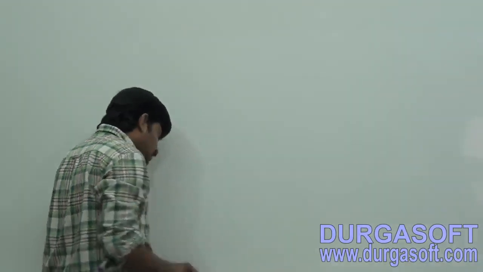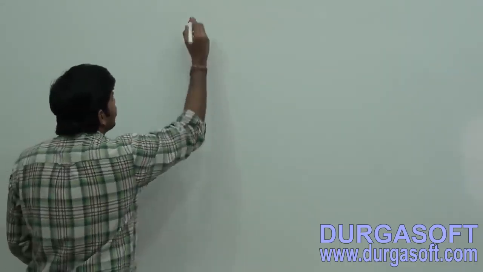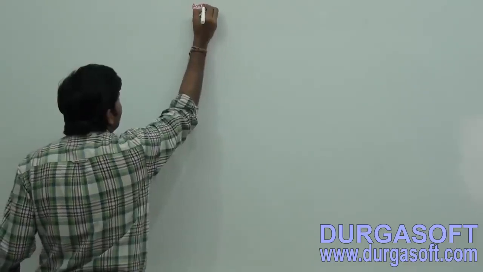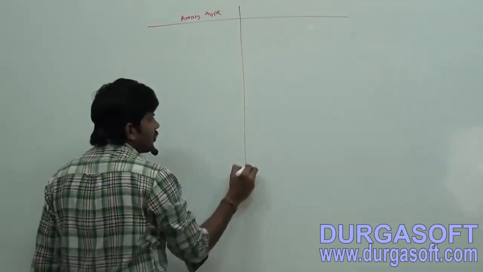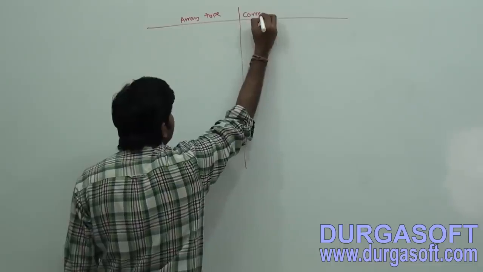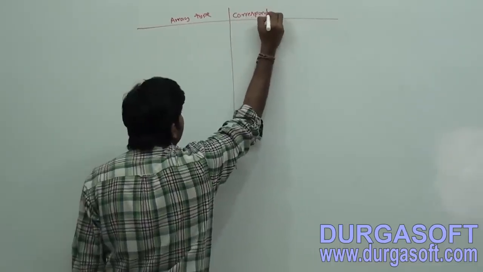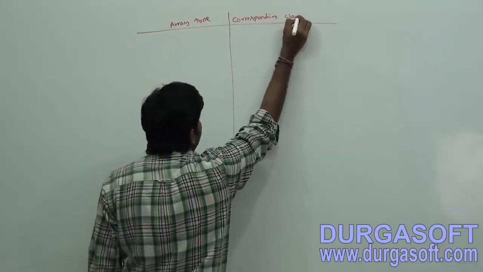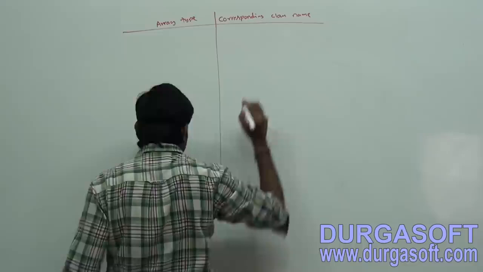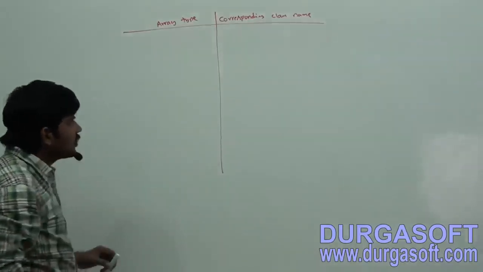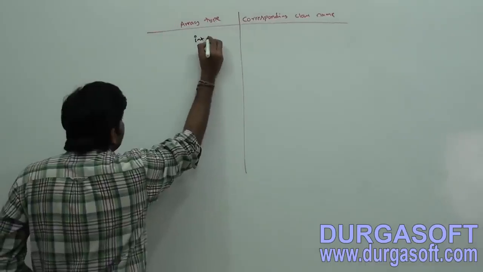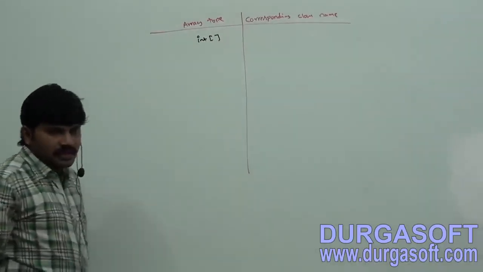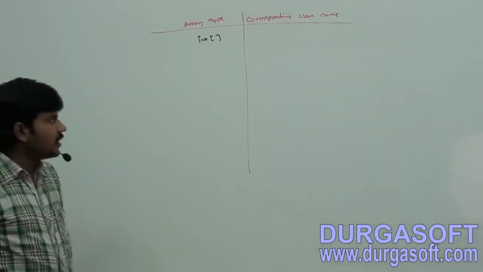Okay, now just observe. Let me take it in a small table form: array type and corresponding class name. Here I am taking an int array.